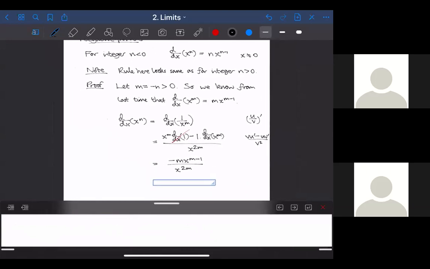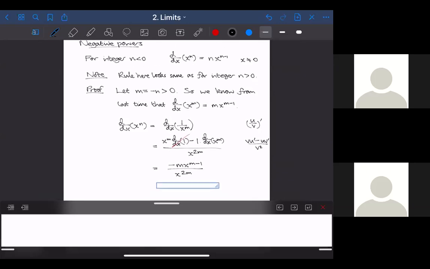Okay, and then that equals minus m times x to the power minus m minus 1. And that, because n is minus m, is n times x to the power n minus 1, which is what we wanted to show.